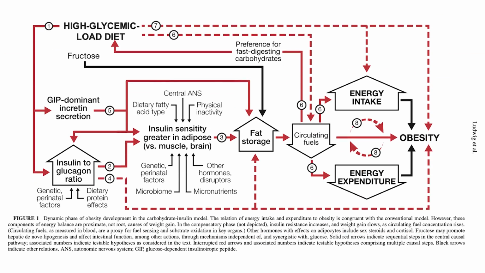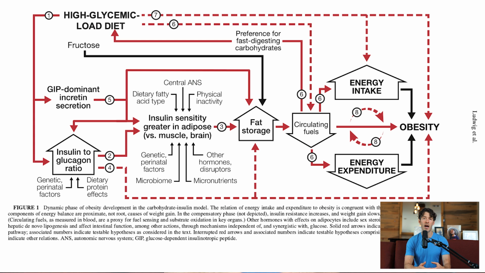The basic premise of this model is centered around insulin and the fact that now there are hyperpalatable, ultra-processed, high glycemic index foods readily available. These high glycemic index foods increase the energy in your blood, or your glucose. That causes a compensatory hyperinsulinemic physiologic state.